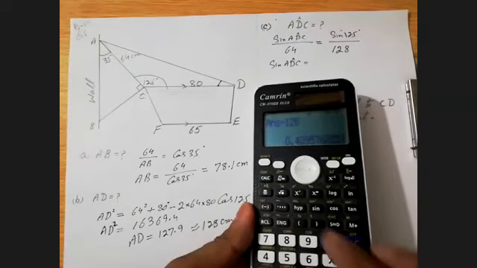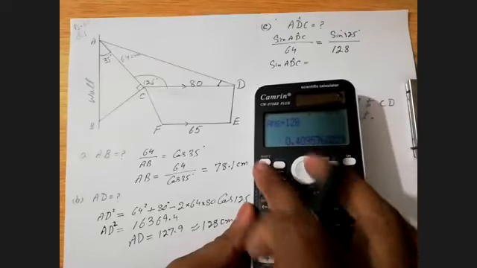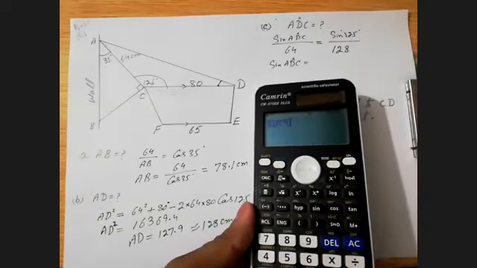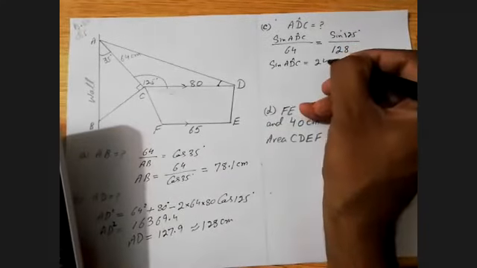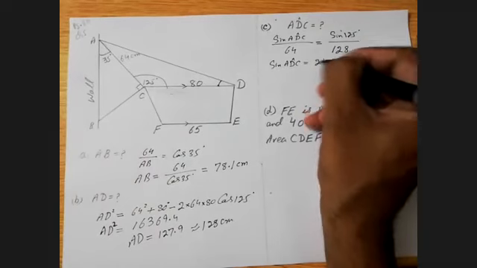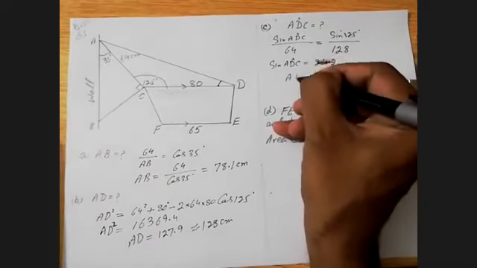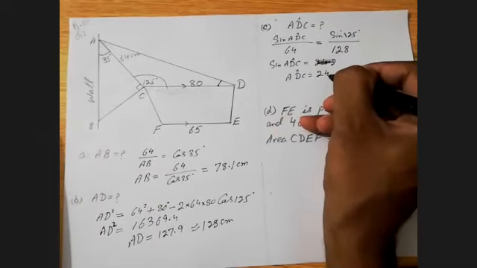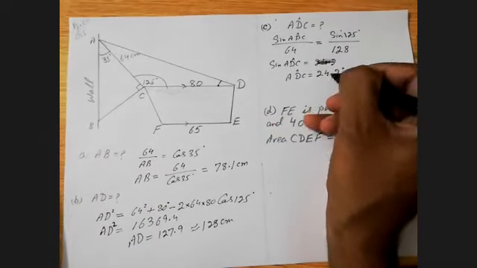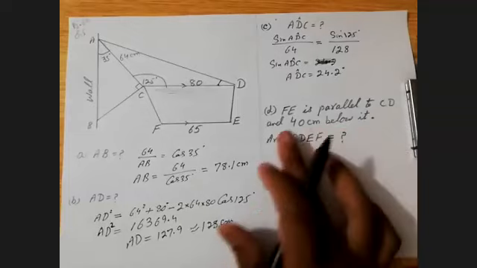I got this, then shift sine of the answer gives 24.2. So angle ADC is equal to 24.2 degrees.